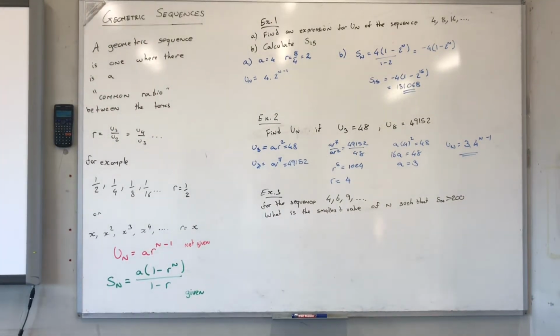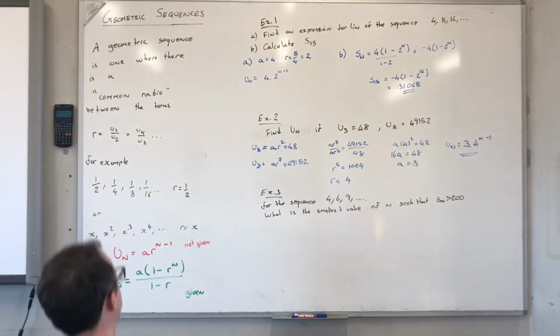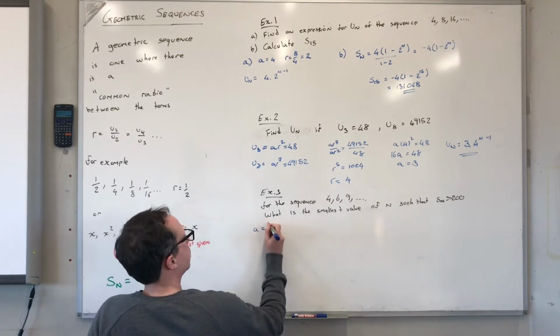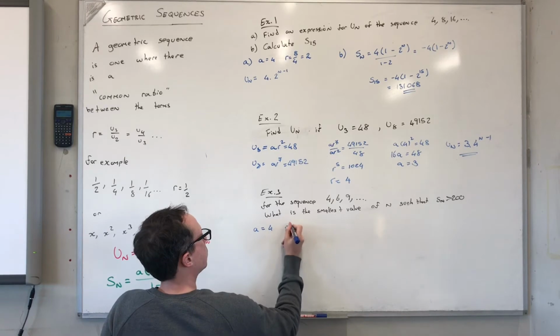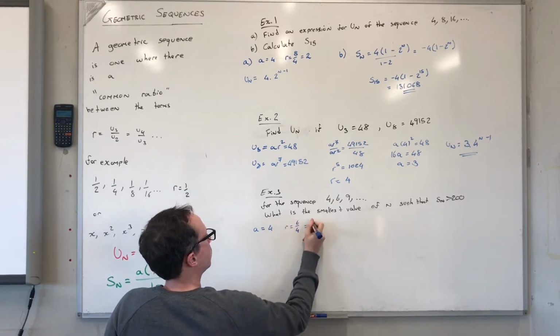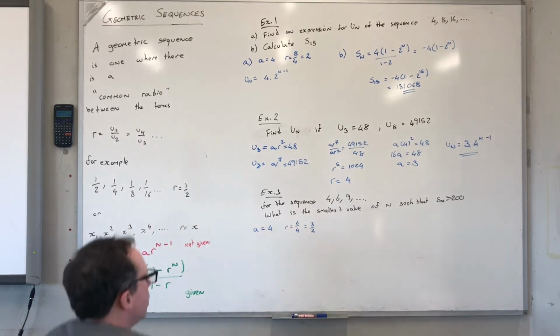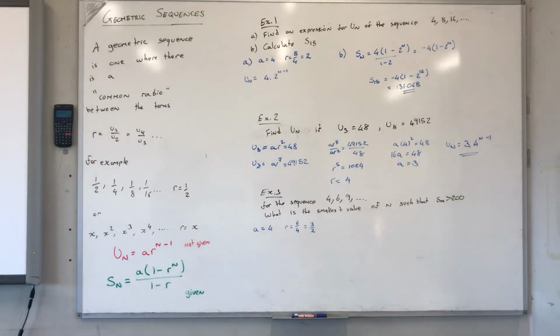So, a slightly more complicated question to do with sums. For the sequence 4, 6, 9, carried on, what is the smallest value of n such that the sum is greater than 200? Okay, so let's first of all get an expression for the sum. So I've got a, the first term, being 4 and the common ratio being 3 over 2.